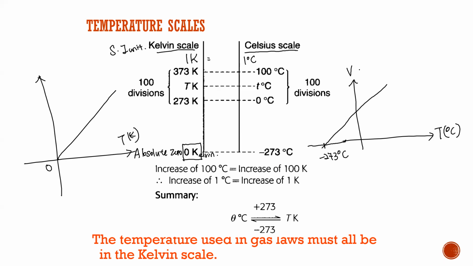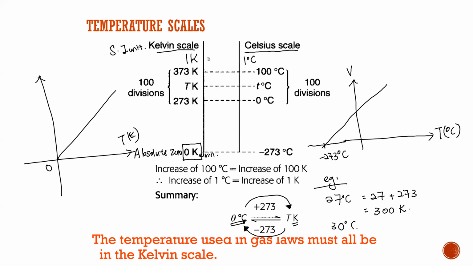Okay, so now what you need to remember is when we get a temperature in degrees Celsius and want to change to Kelvin, we plus 273. If we want to change Kelvin back to degrees Celsius, we minus 273. That's it. For example, 27 degrees Celsius means 27 plus 273, so it would be 300 Kelvin.